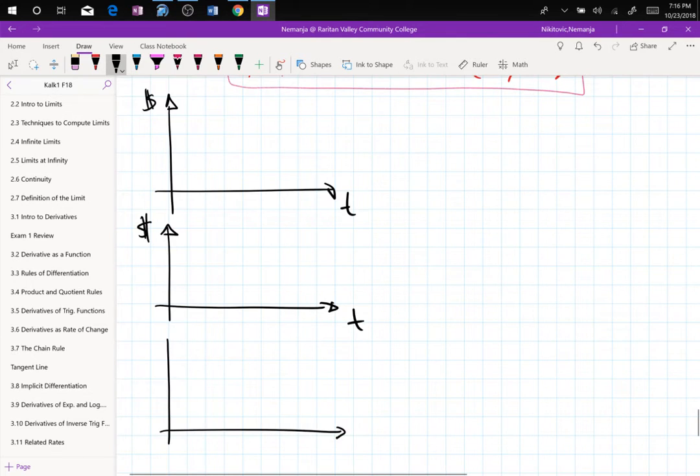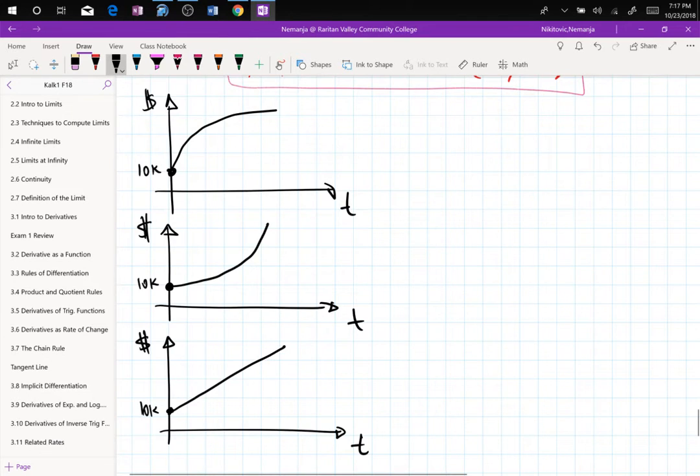And I have graph number 3, which is money in time. They're all going to start at the same investment of, I don't know, 10K. So everyone is going to invest 10K. One portfolio is going to be like this, one portfolio is going to be like this, and one portfolio is going to be like this.